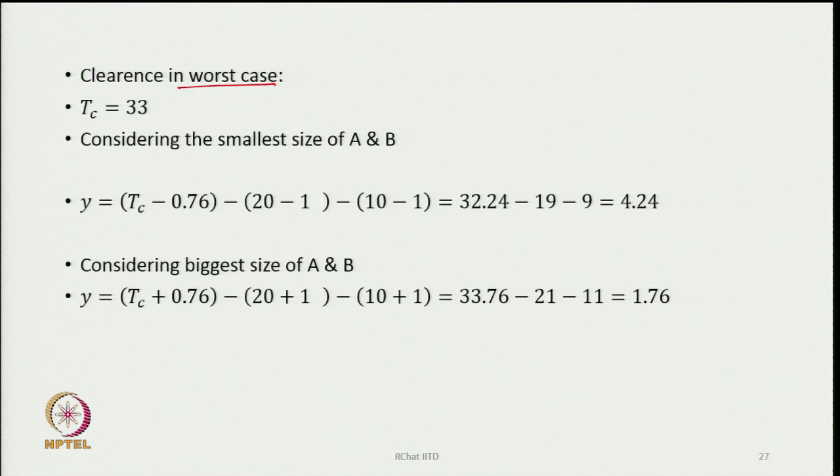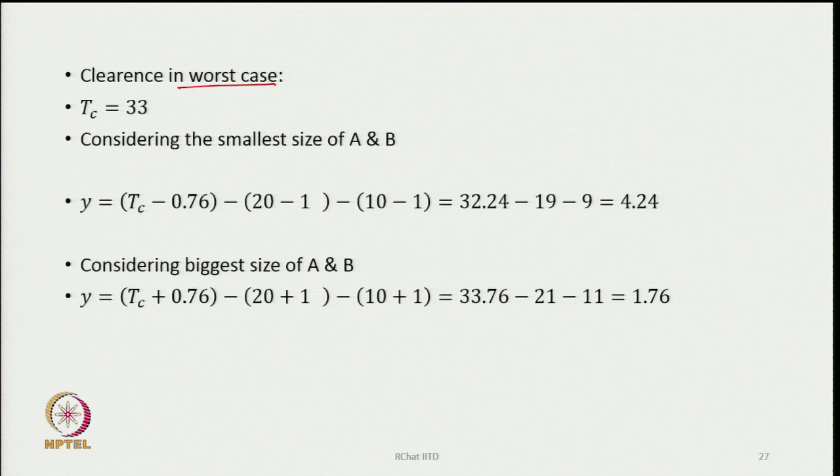T C minus 0.76, minus 10, 10 minus 1, that is going to be 32.24 minus 19 minus 9, 4.24. Considering the biggest size of A and B, Y is going to be T C plus 0.76 minus 20 plus 1 minus 10 plus 1.